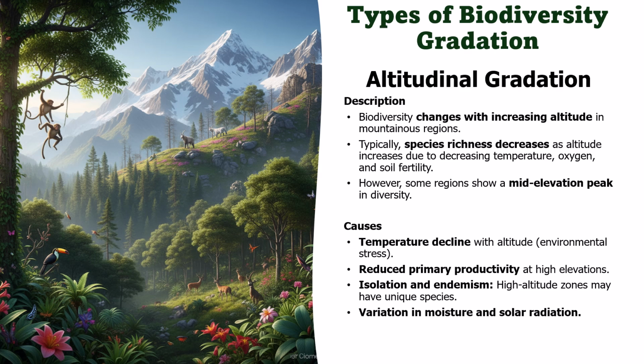However, in some mountain ranges, a mid-elevation peak in diversity occurs where favorable moisture and temperature conditions support maximum species richness. This pattern arises from factors such as temperature decline, productivity, ecological isolation, and endemism at higher elevations.